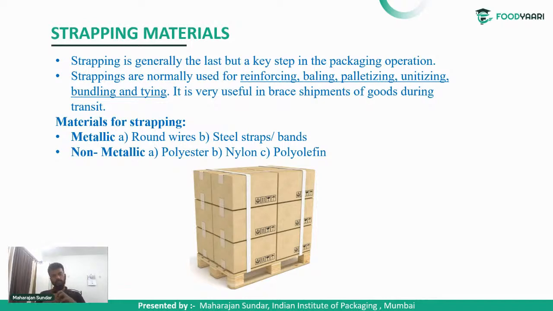These materials give better stacking, and they provide the container stability so it does not shake during handling or transportation. Majorly polyesters are used because of their longevity and tensile strength.